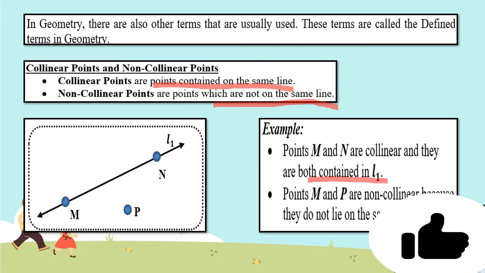Both contained in L1, points M and N are collinear points, while point P is non-collinear because it does not lie on the same line. Only point P, not considered point M.